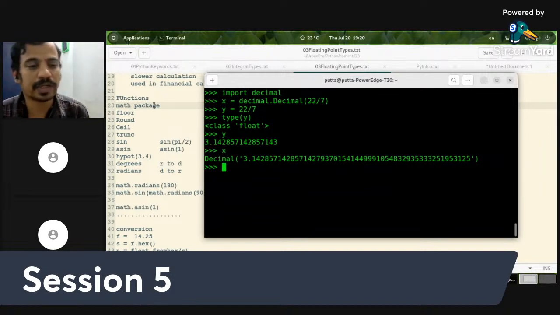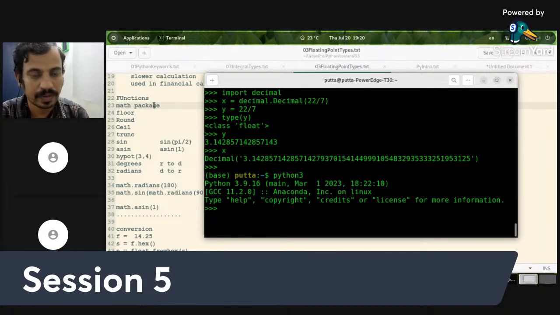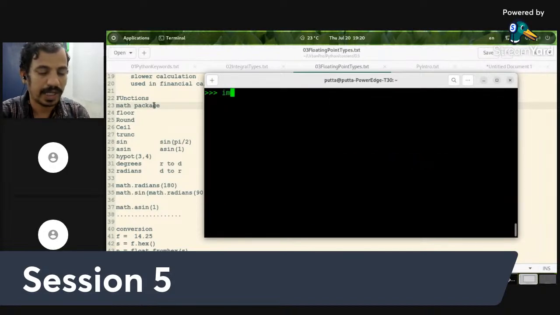Instead of calculating this every time on our own, all of these are provided as functions. For that to happen, we have to import a special library called math. Do this: import math.